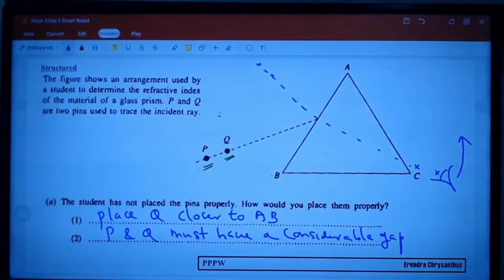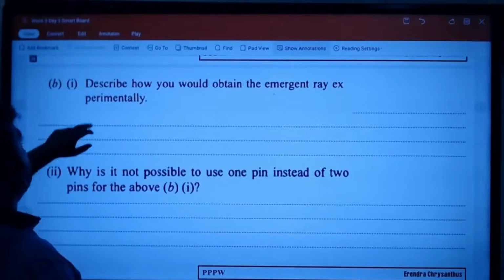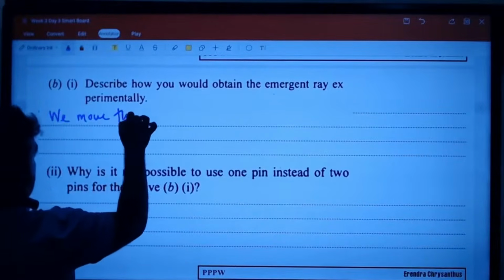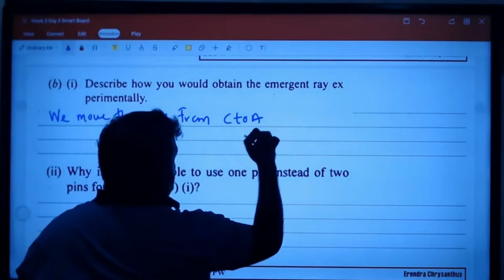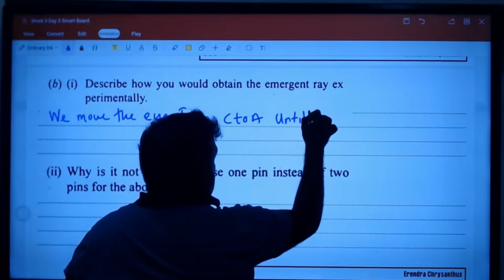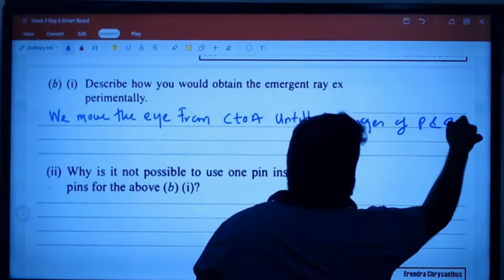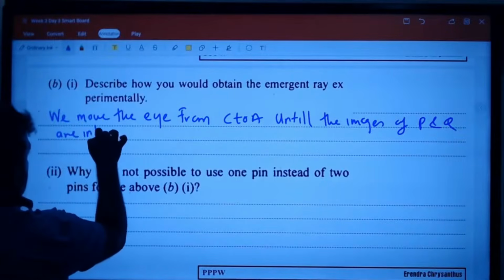We move the eye from C to A until the images of P and Q are in line with each other.